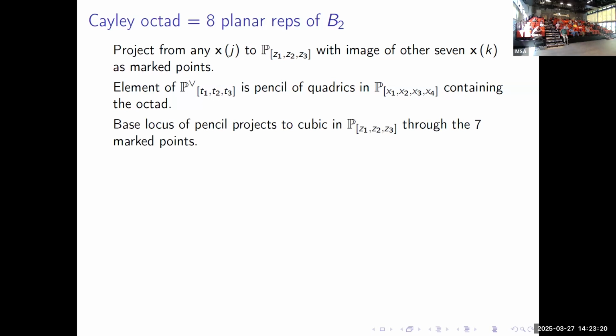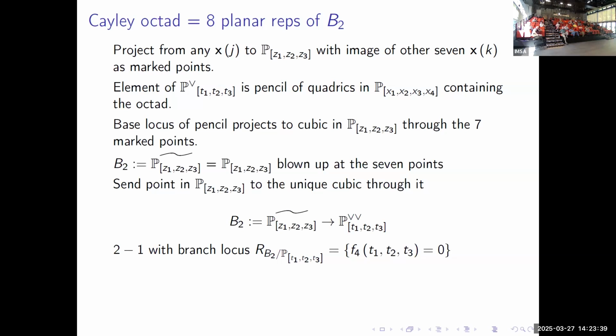You project the intersection of two quadrics from any one of the 8 points, you get a P2 with 7 marked points, namely the other 7 marked points on the intersection of the two quadrics. So you have a cubic in the plane through 7 points.